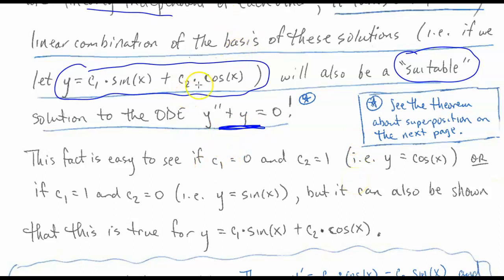I show that by looking at two different cases of what C1 and C2 would be. First, when C1 is 0 and C2 is 1, and then we switch it and let C1 be 1 and let C2 be 0.